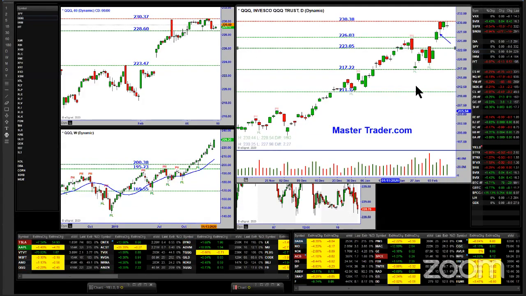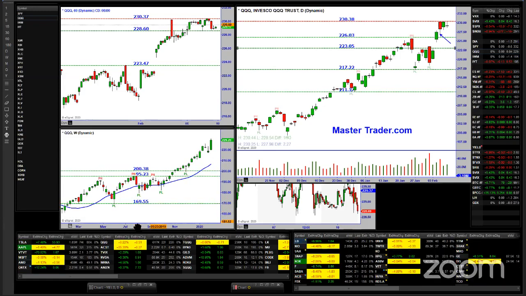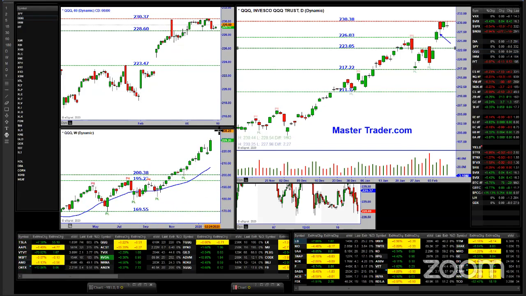Now, the reversal after this break lower and recovery makes the weekly chart look like it could have a blast-off run to the upside, just on this particular market, meaning it's in an uptrend. It tried to pull back and it couldn't. And we got a wide range bar breaking out to a new all-time high.